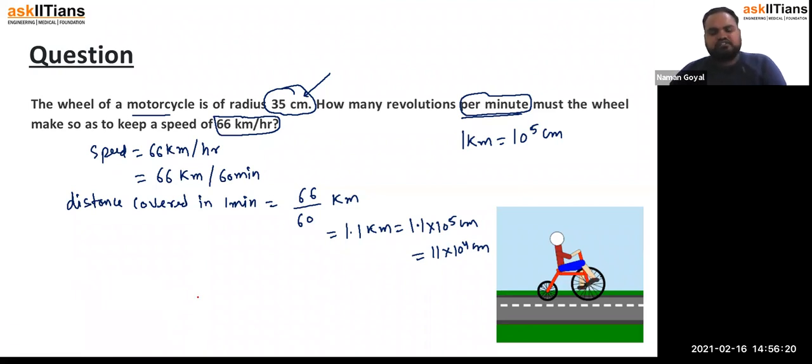Now see, we got the total distance covered in 1 minute. Now the question is asking for the number of revolutions in 1 minute.